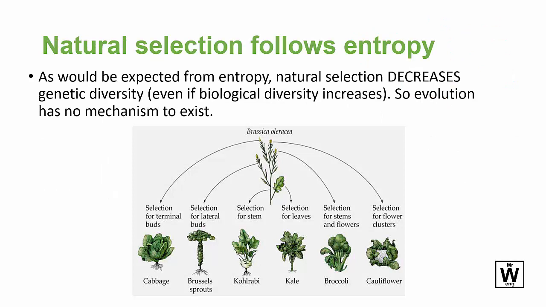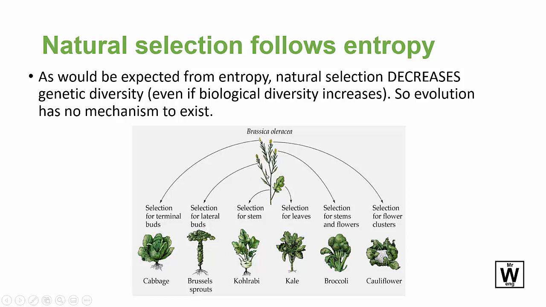So another one, this is slightly getting off, but this delves into entropy and why entropy means that natural selection can't be a process for evolution. So evolution has no mechanism to actually work because what you have is a massive increase in biodiversity and increase in species, if you like, but the original genes, all these individuals will have a smaller genetic pool from the original plant.